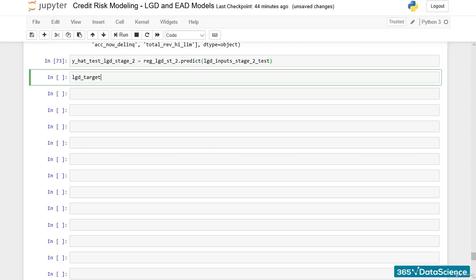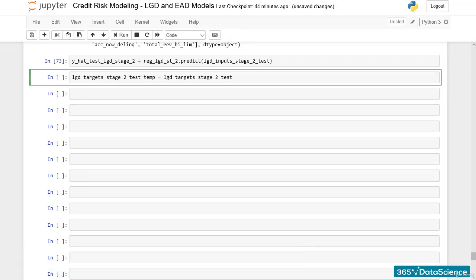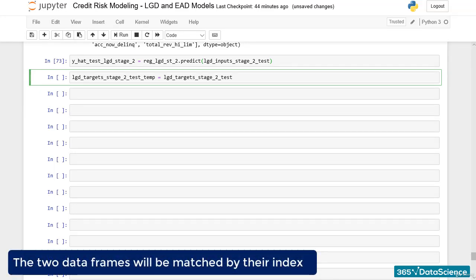Let LGD target stage 2 test temp be equal to LGD target stage 2 test. We concatenate it with the predicted values contained in the array y-hat test LGD stage 2. Since the data frame LGD target stage 2 test has an index, if we simply concatenate the two using pd.concat, they'd be matched by index.